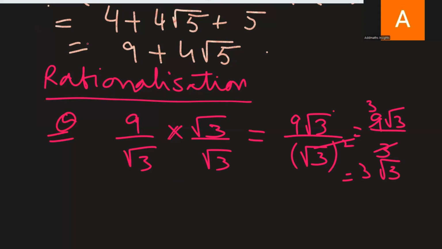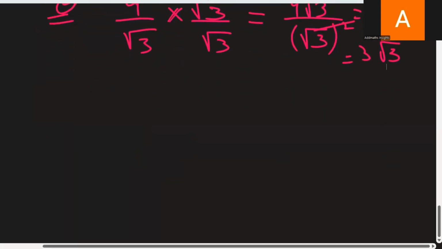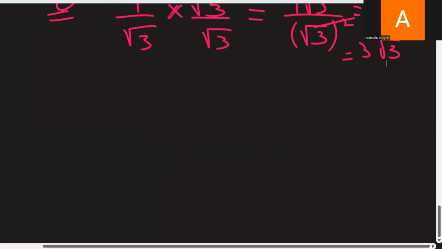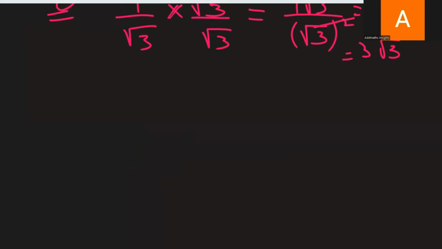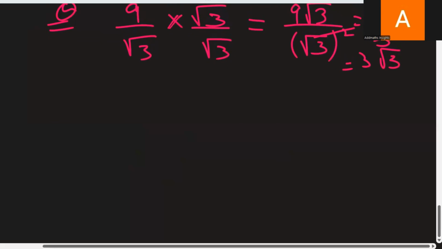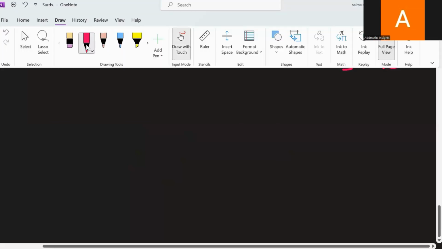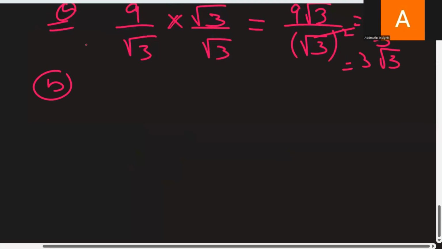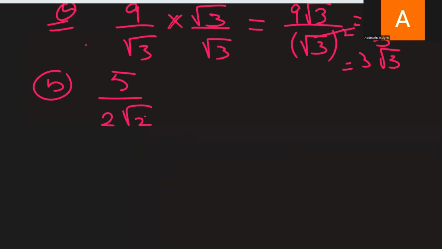So let me give you more examples. For example, 5 over 2 root 2. So root 2 is an irrational denominator, and you have to change it into a rational number.